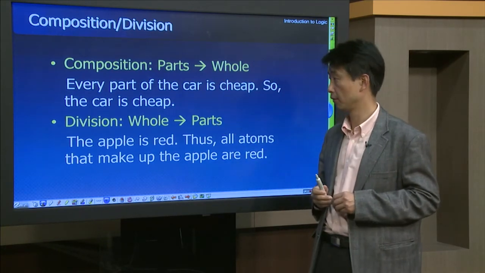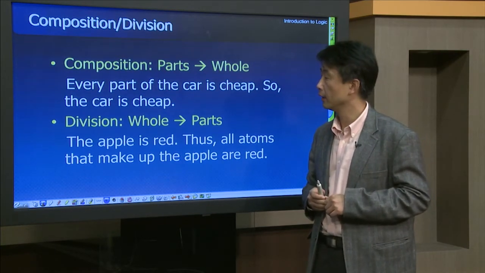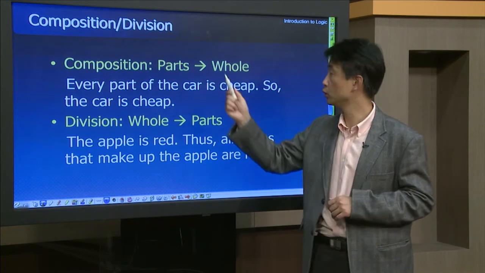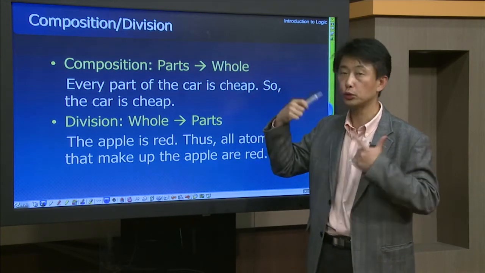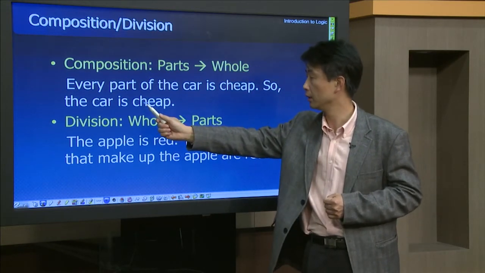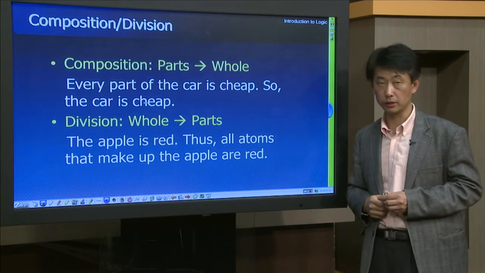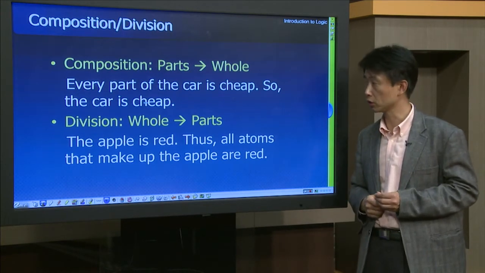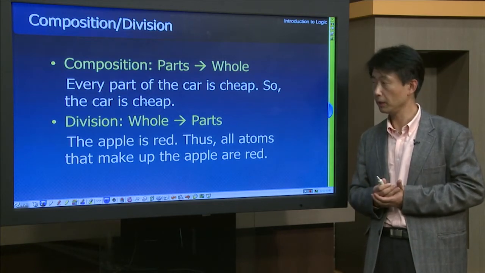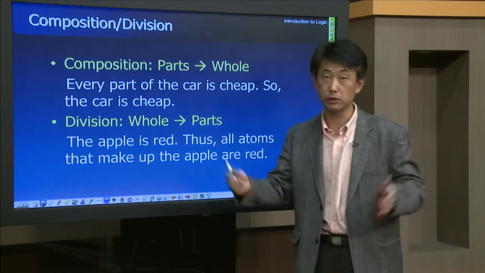For example, from the premise that every part of the car is cheap, you try to draw a conclusion about the whole, like the car is cheap. That's a fallacy. That doesn't follow. Just because every part of the car is cheap, that doesn't mean that the whole car is cheap. The whole car may as well be very expensive.